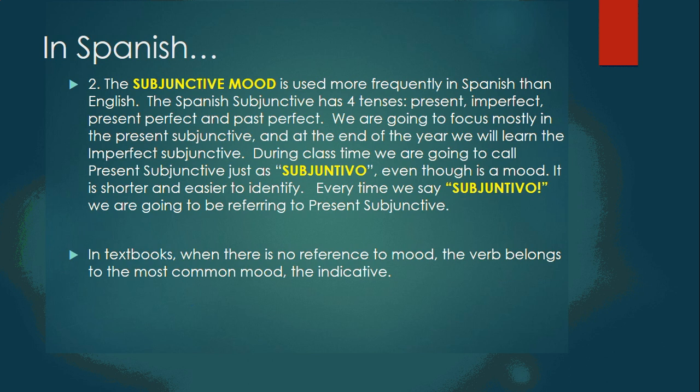During class, we're going to call present subjunctive subjuntivo, even though it's a mood. It is shorter and easier to identify. So, every time we say subjuntivo, we're going to be referring to present subjunctive. In textbooks, when there is no reference to mood, the verb belongs to the most common mood, that is, the indicative.